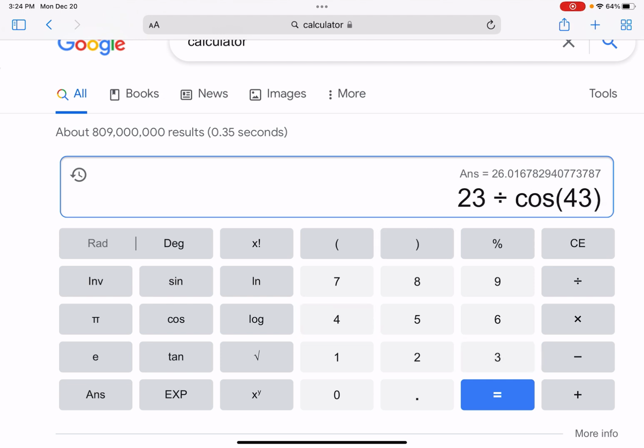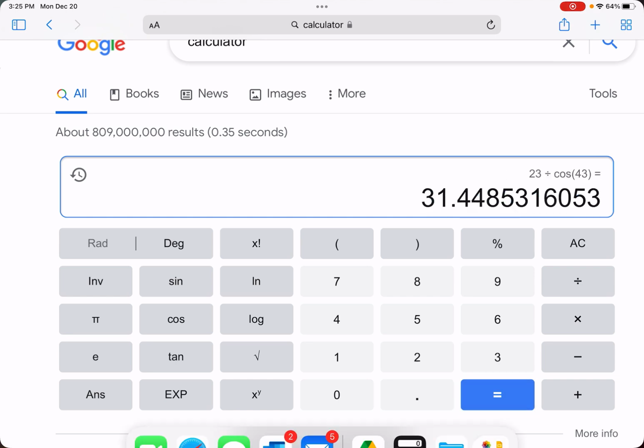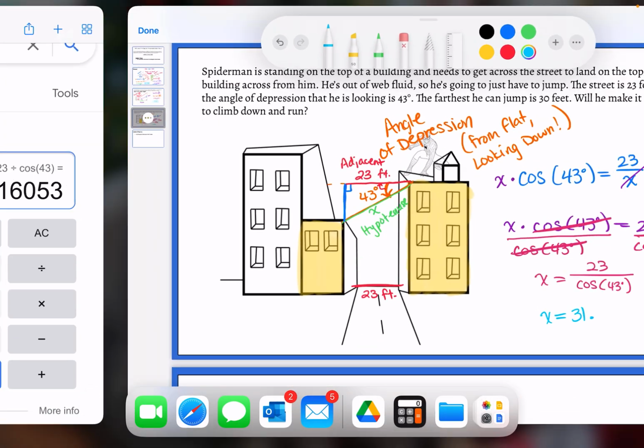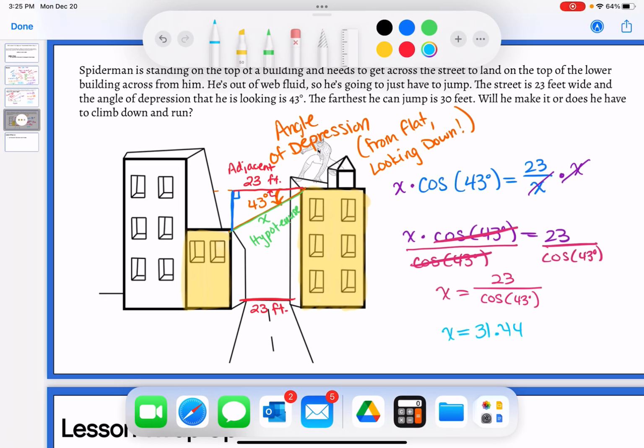So this was the regular trig button because I have an angle measure to type into those parentheses. 23 divided by the cosine of 43 degrees. I get 31.4485. So let's see, x equals 31.44 something or other, right? 4485, etc. All right, so that would be about 31 feet.